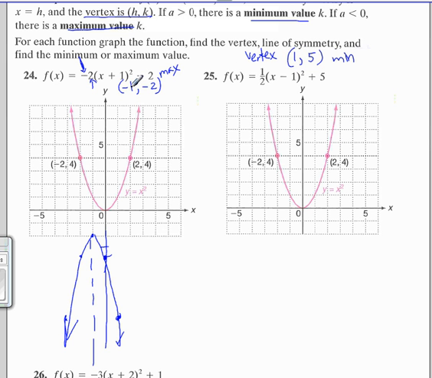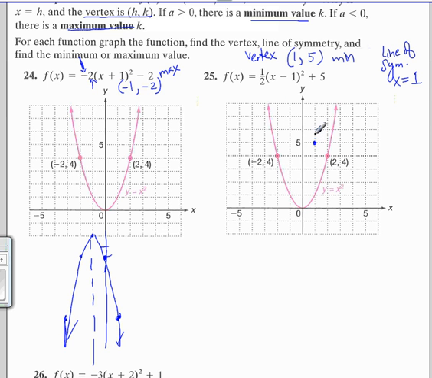It's always the x value of the vertex. So line of symmetry is x equals 1. Now let's graph it. So we go 1 to the right and 5 up. 1, 2, 3, 4, 5.